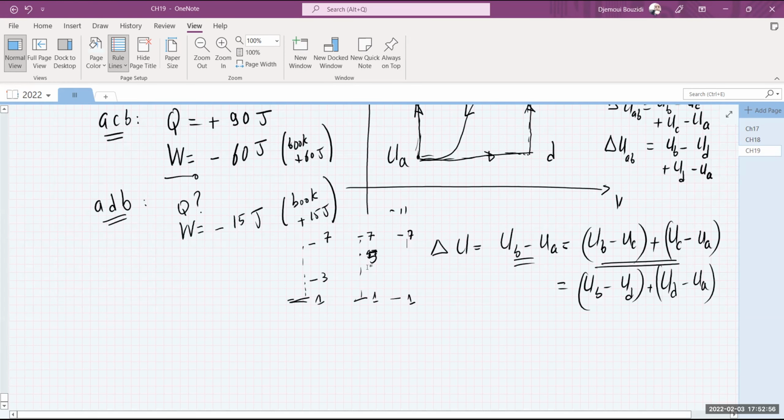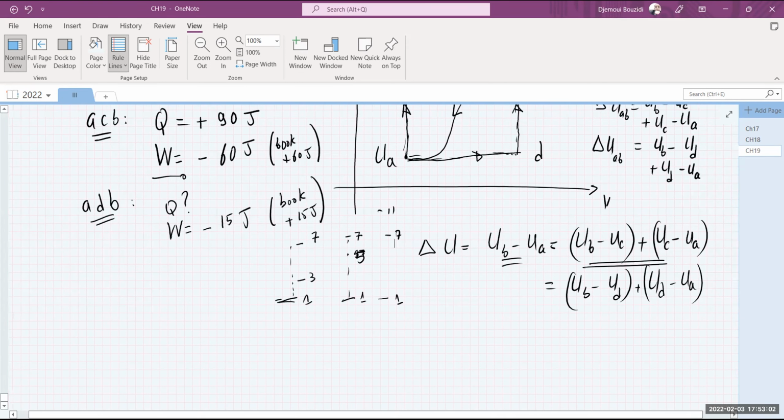That's the same stuff in here. Okay, enough talk about that. So let's do this. What we're saying then is delta U, in the first case, this is how much delta U is for AB. It's equal to Q minus Q plus W.